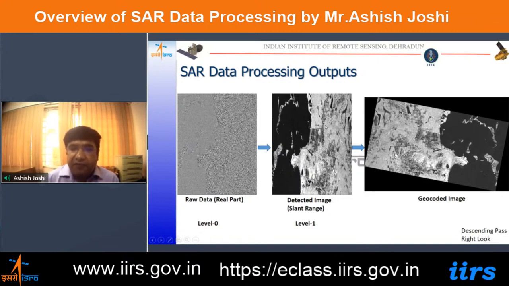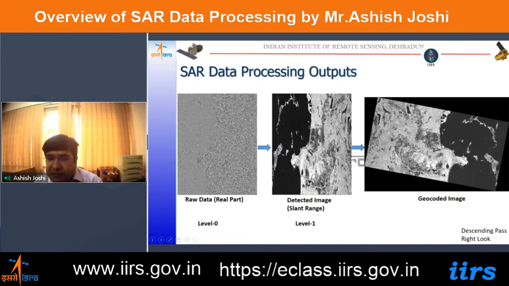After the SAR geolocation, if we also have the terrain of the earth surface, then using both we can resample this data from the SAR sensor geometry to the geographical grid. This is called the geocoded image.